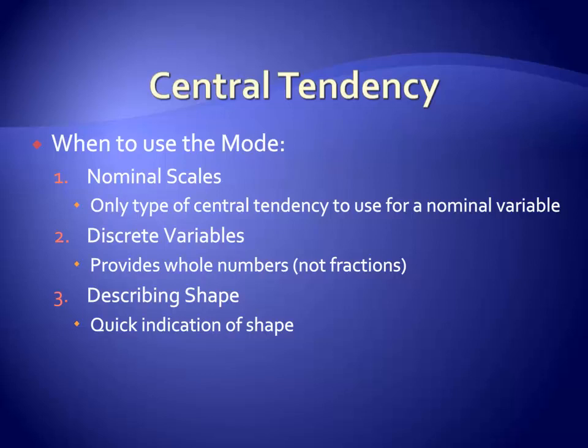Therefore, instead of having to break out a calculator and determine the mean of a distribution, you can quickly scan it. Assuming it's a continuous variable, you can then identify what the most frequent number is and get a better sense of what the mean and median would be just by knowing the mode.